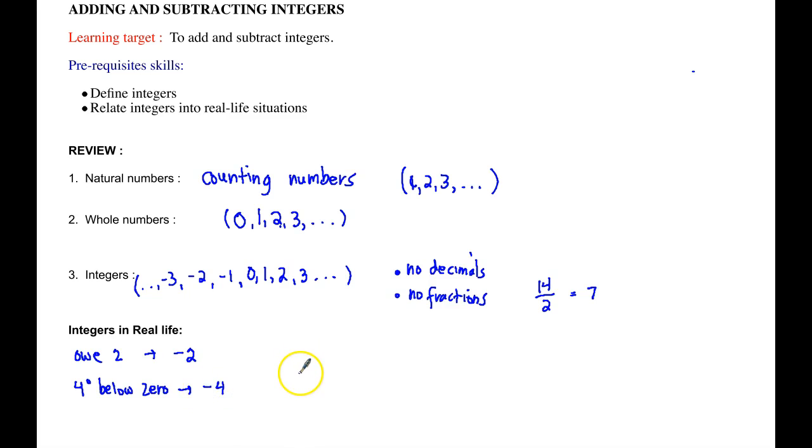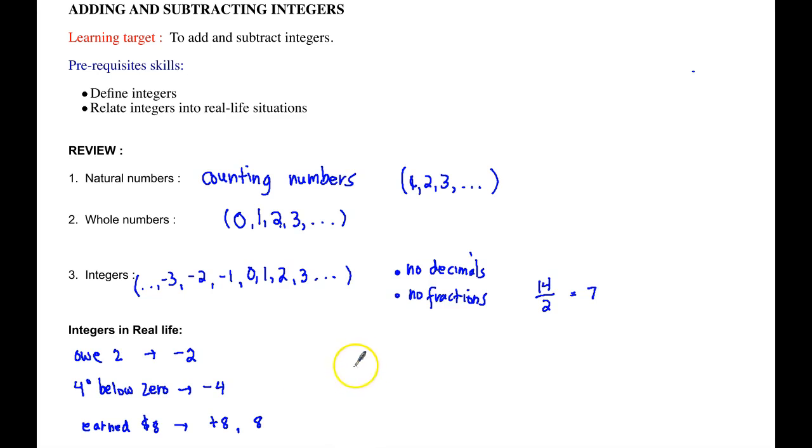Say, for example, you earned $8. So you represent that as +8. Either you write +8 or you can just write 8. When there's no sign in front of a number, that means the sign is plus, it's positive.